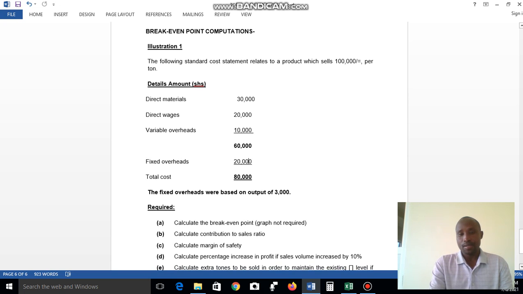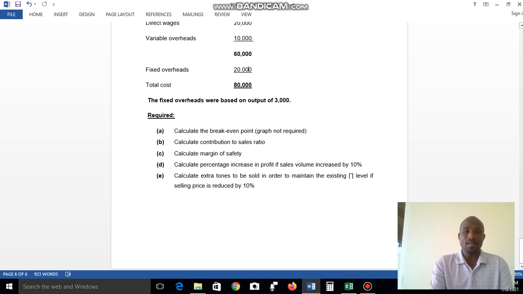So in producing 3,000 units, which are 3,000 tons, 80,000 shillings costs were incurred.